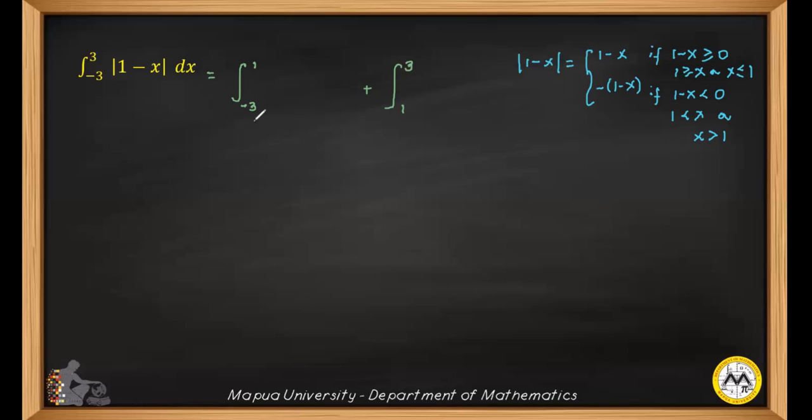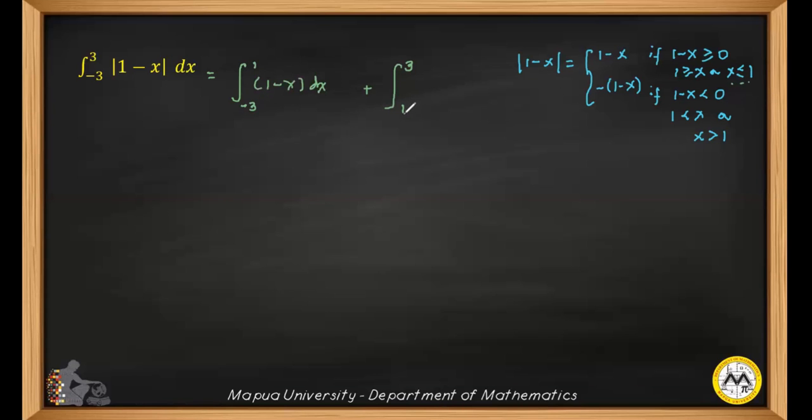So if we consider x less than or equal to 1, the absolute value of 1 minus x is 1 minus x. Therefore, we will have the integral of 1 minus x times the differential of x from -3 to 1.